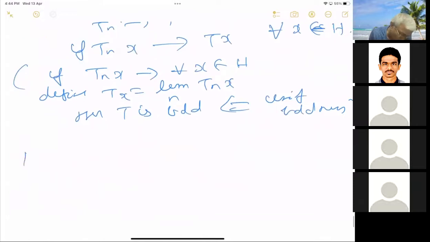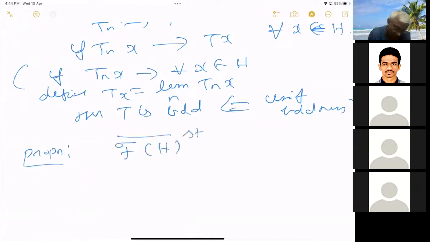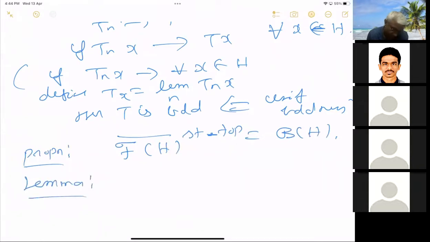Now I want to prove the following proposition: if you take the finite rank operators on H, the closure with respect to strong topology is equal to B of H. To prove this, I need the following lemma. We always assume H is separable. If I don't say it, please assume it.